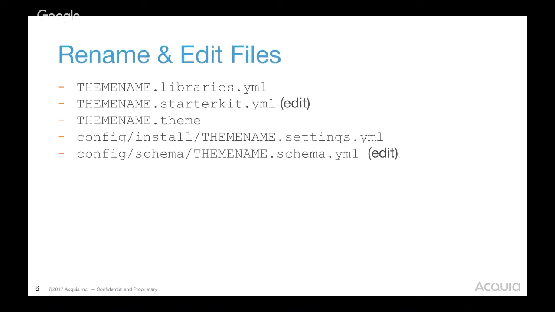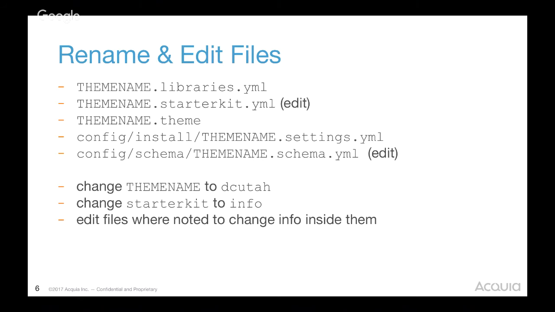Alrighty, so once you've copied your starter kit folder, you've given it your theme name, you need to rename a couple of files in that folder. The five that we have listed there, that's what they look like when you first go in there, and you've got to rename them and edit a couple of them. So theme name, you change to whatever your theme name is.